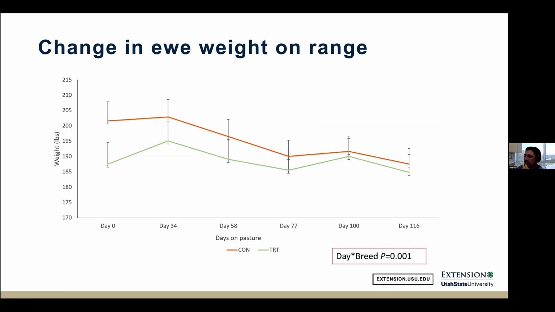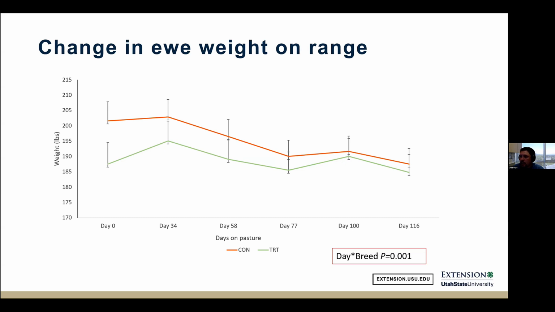Some of these ewes had lambs on them, but at the very end of the study, there really wasn't a difference between those ewes that were given mineral and those that weren't. We've spent so much time looking at mineral status of these animals, even myself through my own graduate program. And then I do a research project like this that pretty much says, well, you supplement them or not, and they're going to perform about the same.